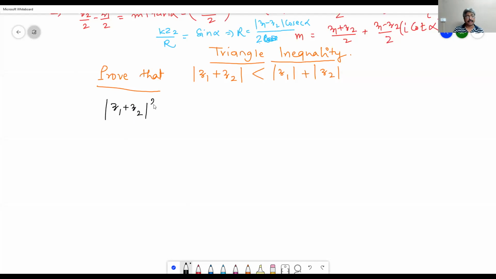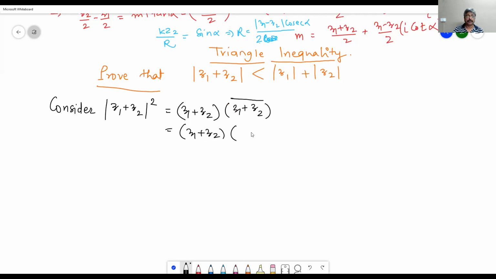Consider Z1 plus Z2 bracket square, which is equal to Z1 plus Z2 into Z1 plus Z2 bar, which is equal to Z1 plus Z2 into Z1 bar plus Z2 bar, which is equal to Z1 Z1 bar plus Z1 Z2 bar plus Z2 Z1 bar plus Z2 Z2 bar.